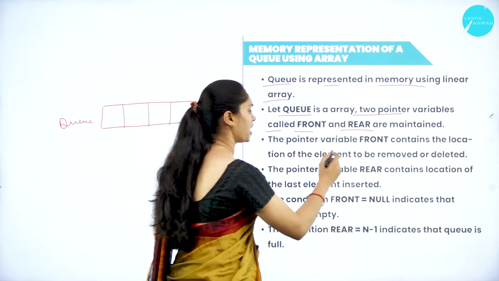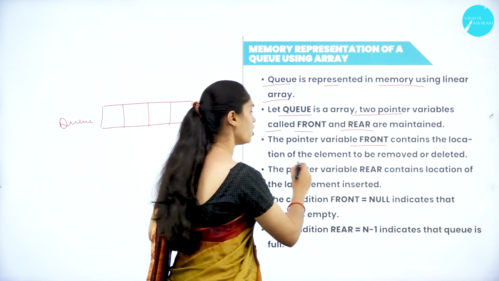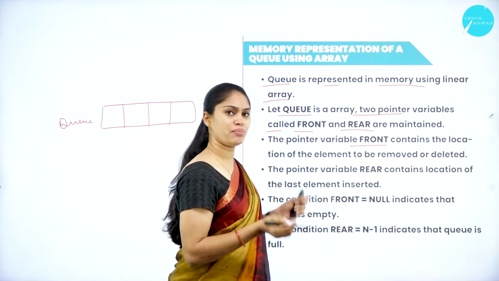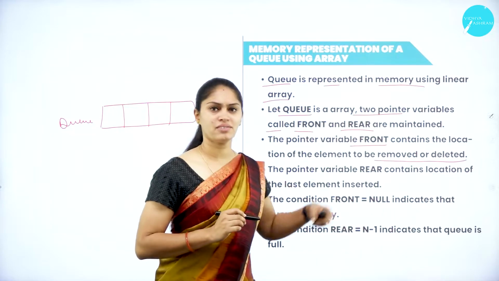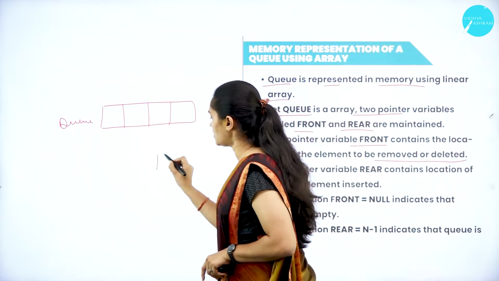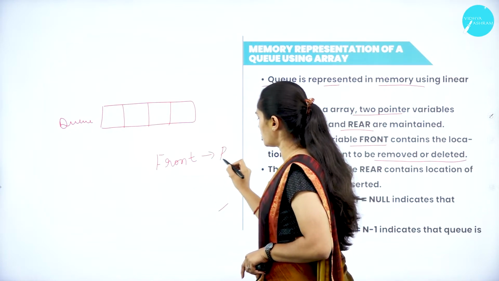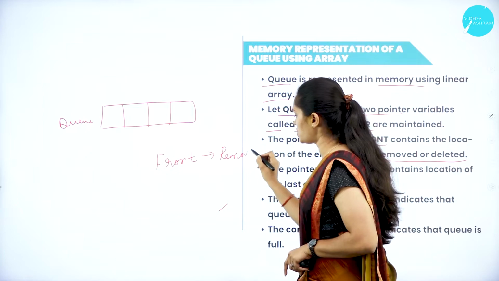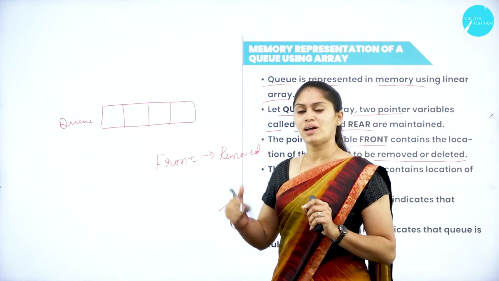The pointer variable called front is going to contain the location of the element which needs to be removed or deleted. So that indicates the element which needs to be removed. It will point to the location where we want to delete an element from the queue.